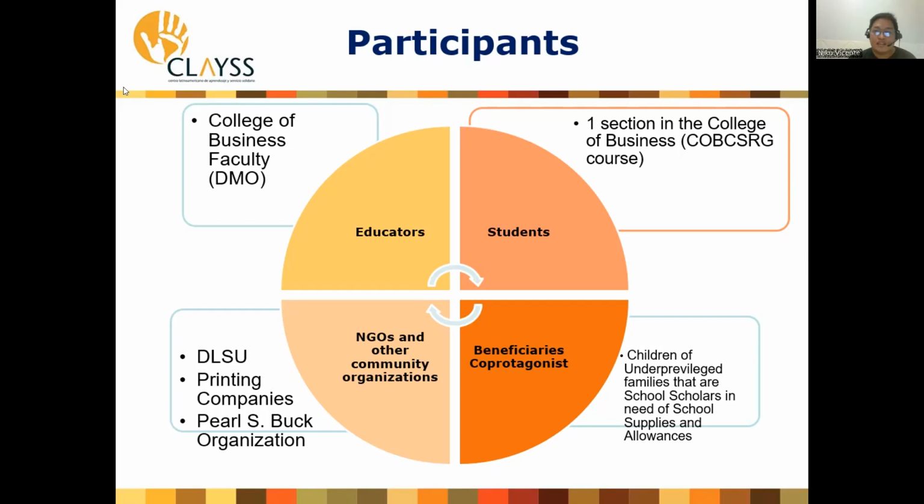Then one section in the College of Business could do this, the Sticker Mania Amazing. And then the NGOs, of course, the university is part of it, the LSU. Some printing companies could provide support to the community. Of course, they would start a sticker business, so the printing companies could provide a startup for them.